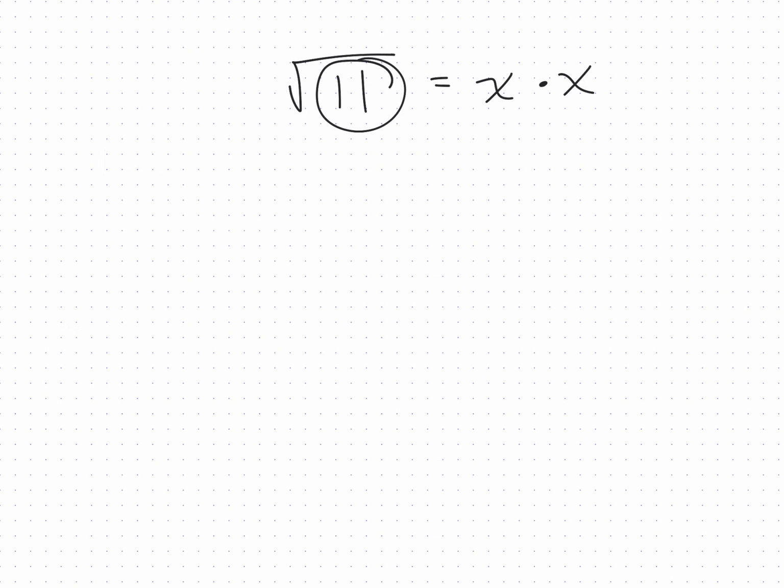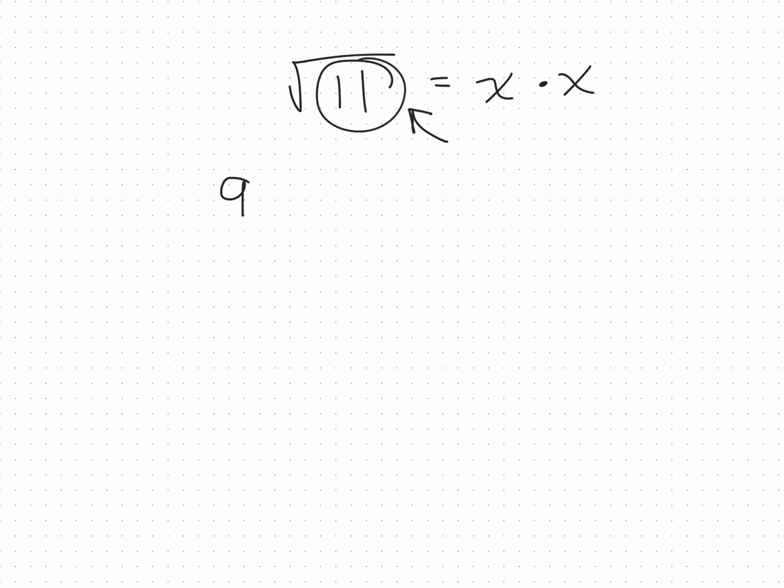Okay, let's get into it. Step 1. What you are going to want to do is list the two closest perfect squares to the radicand here. You're going to want to find the closest one smaller than 11 and the closest one that is larger than 11. Here's what I mean. The closest perfect square that is smaller than 11 is 9. 9 is a perfect square because 3 times 3 equals 9.